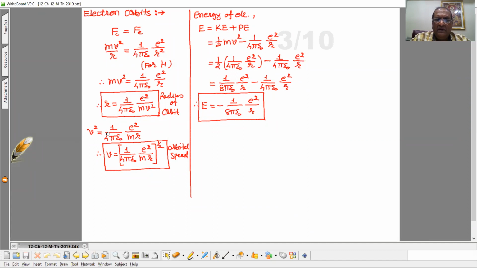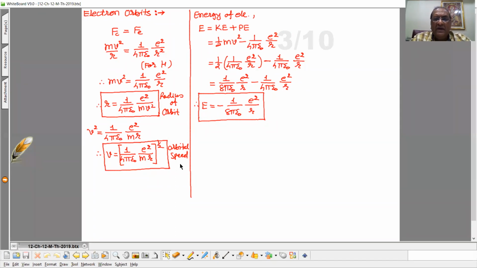Then if we make v square the subject, taking the mass to the right hand side, v square equals 1 upon 4 pi epsilon 0 e square upon mr. Then take the square root. So v equals under root 1 upon 4 pi epsilon 0 e square upon mr. This is the equation for the orbital speed of the electron.